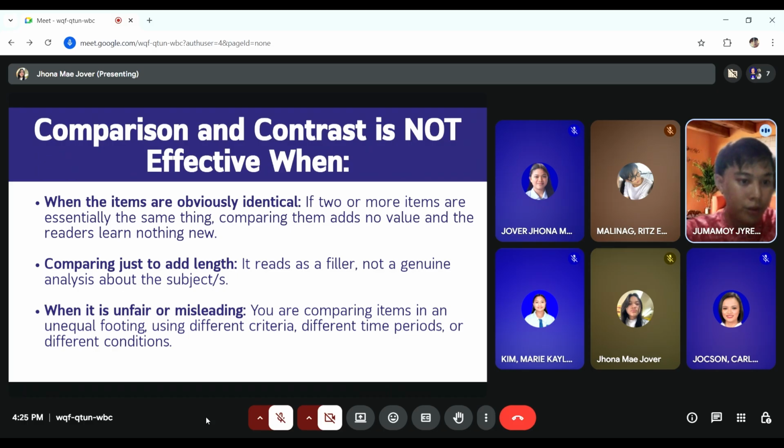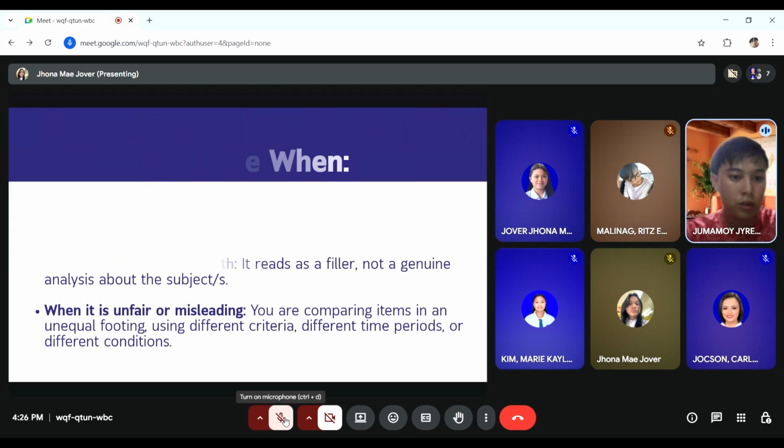And number three, when it is unfair or misleading, you don't need to compare one to another just to have one subject unfairly treated. That's all. And the conclusion will be reported by my co-reporter.